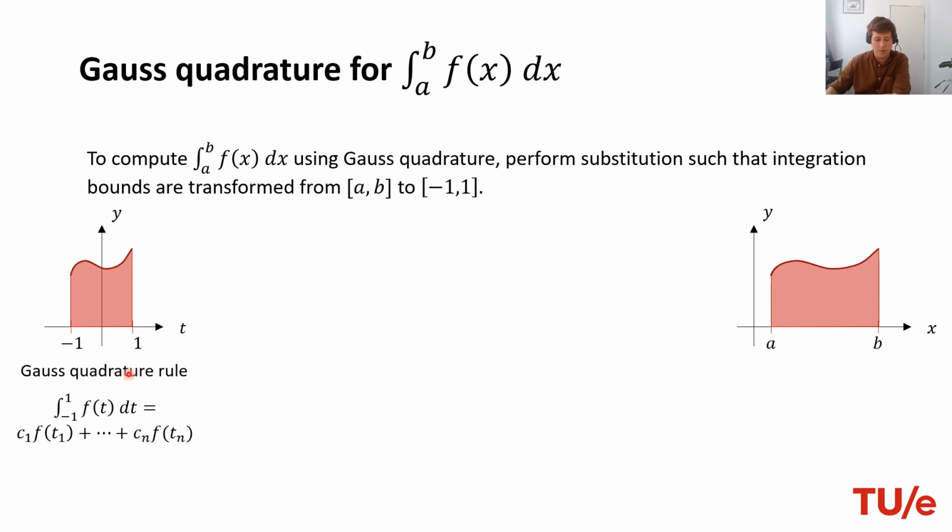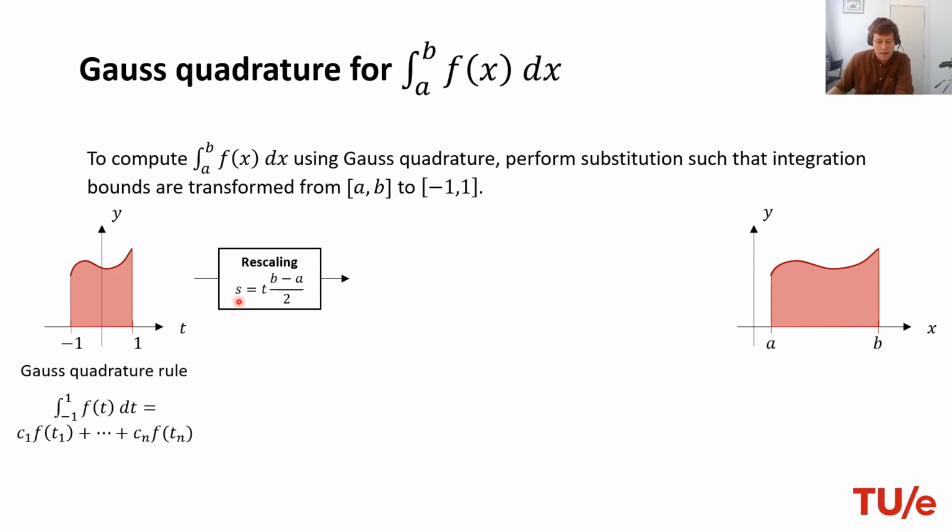The first thing you do to make this -1 to 1 interval similar to this a to b interval is to stretch it to have the same width as the ab interval. So here we start with, let's not call this x, but an auxiliary variable t.